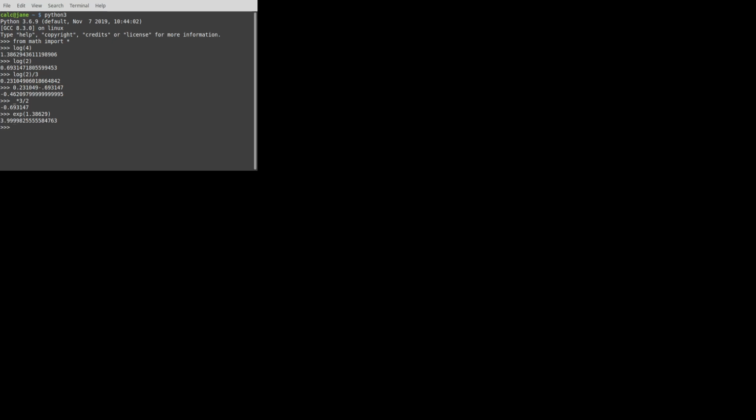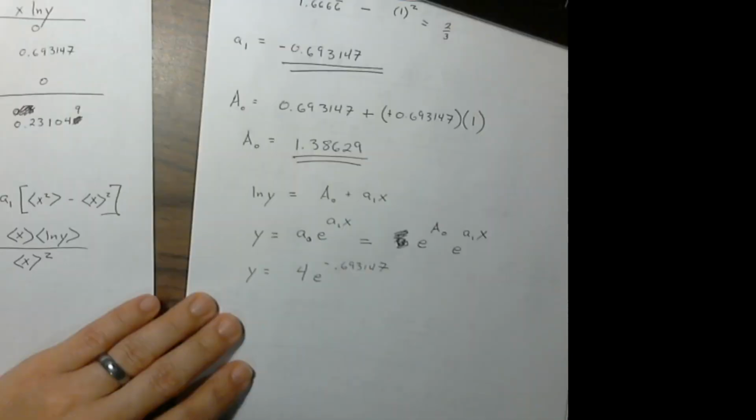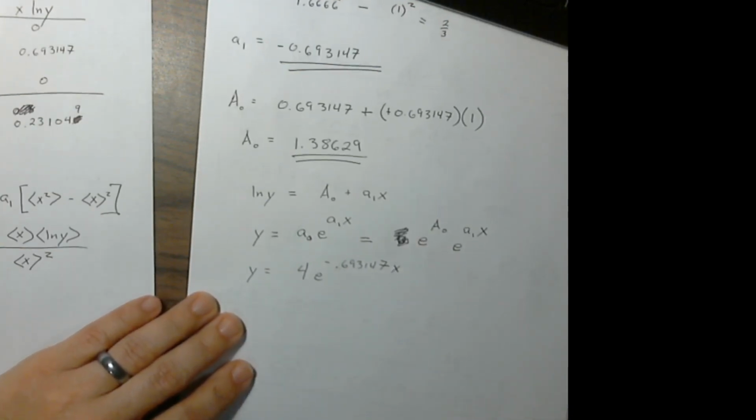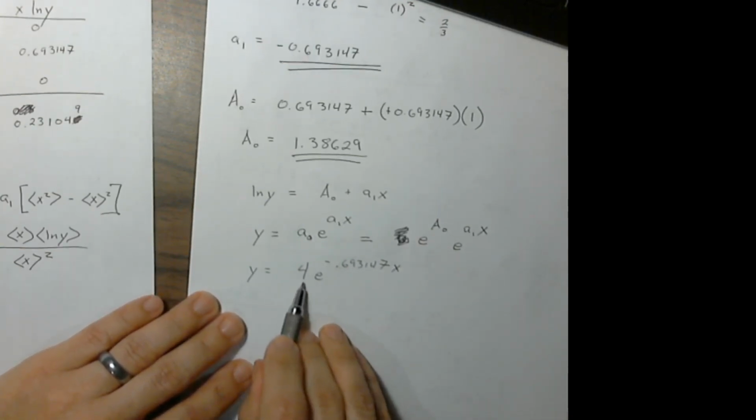To the number of sig figs that I worked the problem, which is obscene, that is exactly 4. So we get that y is equal to 4 times e to the negative 0.693147 times x. Wow, that came out evenly.